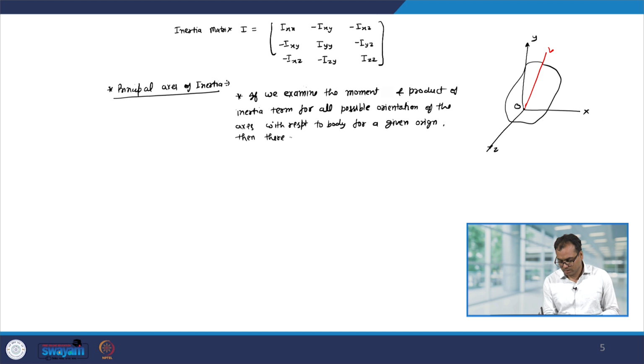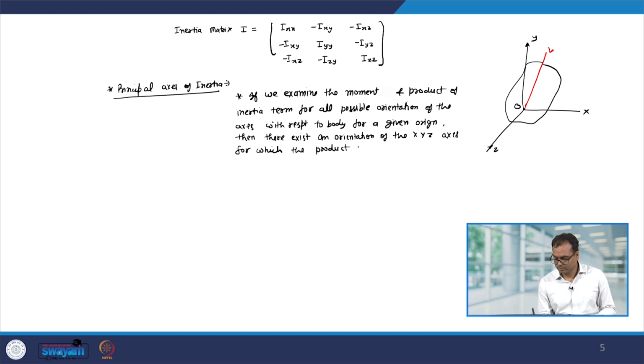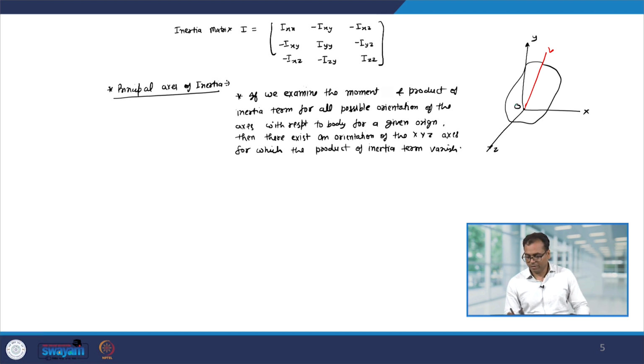then there exists an orientation of the x y z axis for which the product of inertia term vanishes. So, what you do is, we have this point O, we call this given origin.